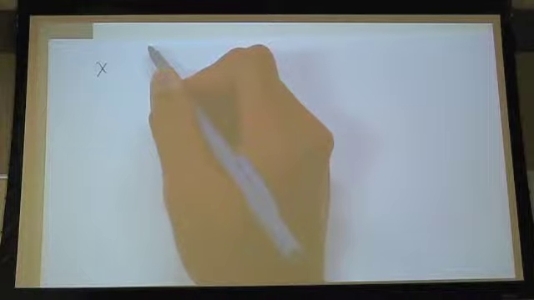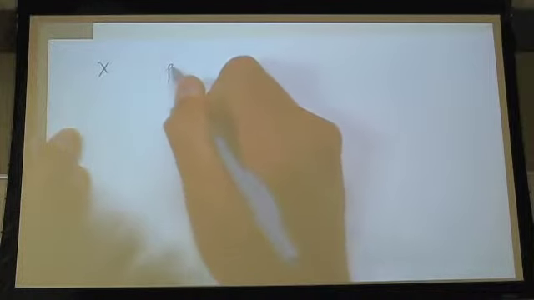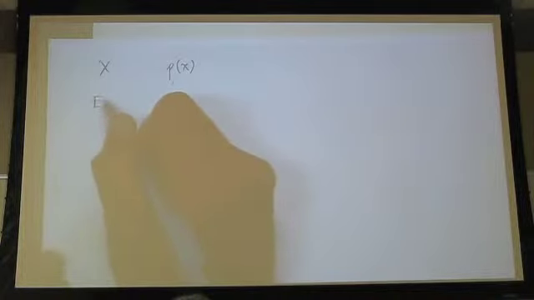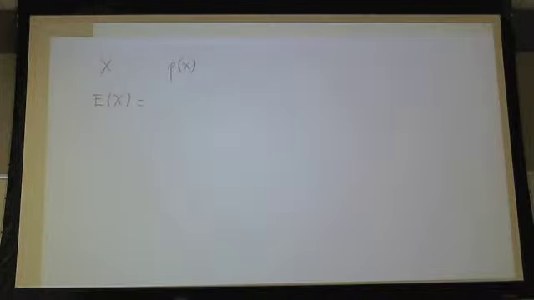What do I mean by that? So now let's say that if I have some random variable x right here, with some frequency function, let's say p of x right here, or little f of x, then I'm going to define the expected value for this random variable x this way.